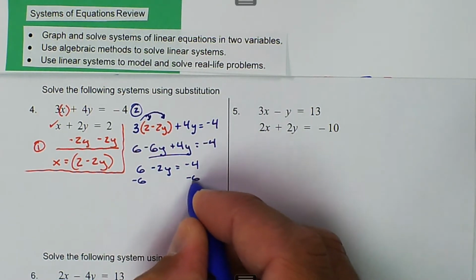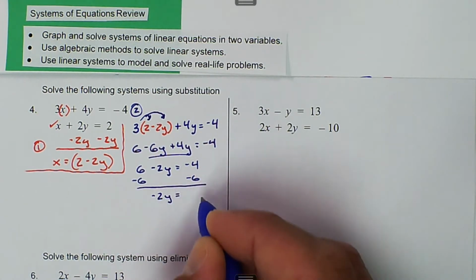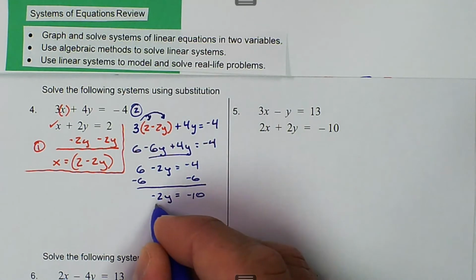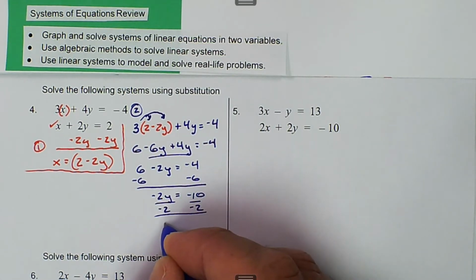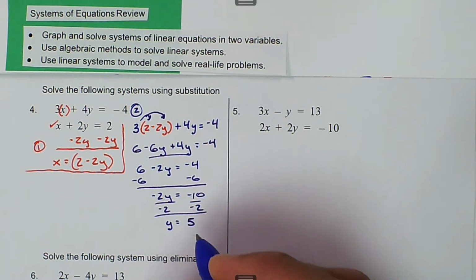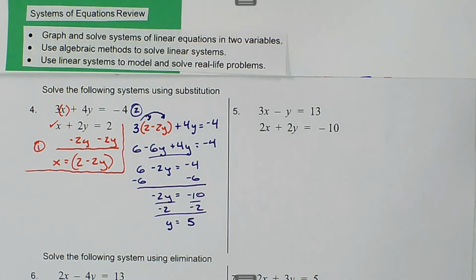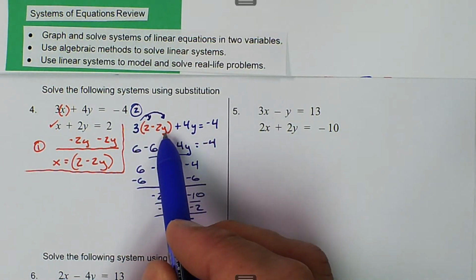Subtract 6. We get negative 2y is equal to negative 10. Divide by negative 2. And then we get y is equal to 5. So that's step 1. Step 2 is rewrite it and substitute.